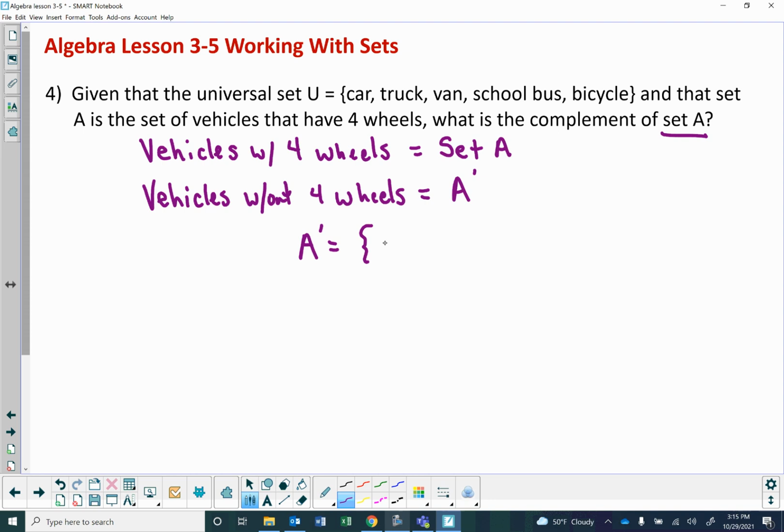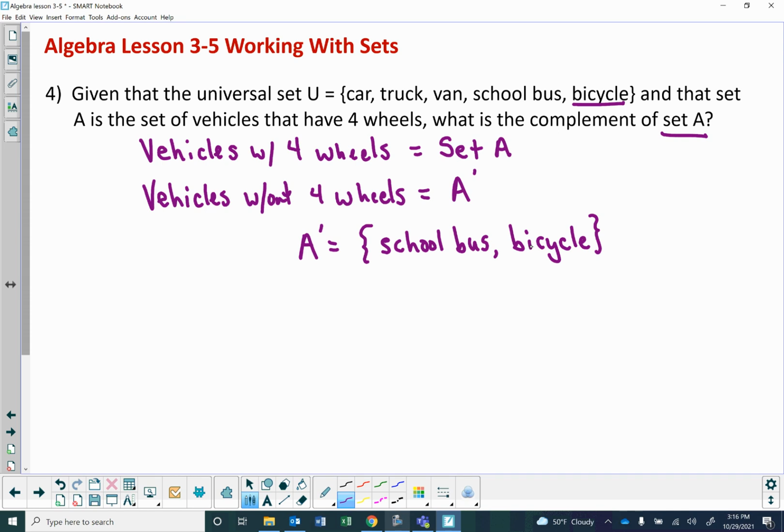So it has at least six wheels. So we're going to put a school bus in there. And most bicycles I've seen have two wheels, sometimes three wheels, but I've never seen a bike with four wheels. They may make one, but most bicycles, because bi means two, have two wheels. A tricycle has three wheels, and then they give it a different name. Okay, so there's my A prime.